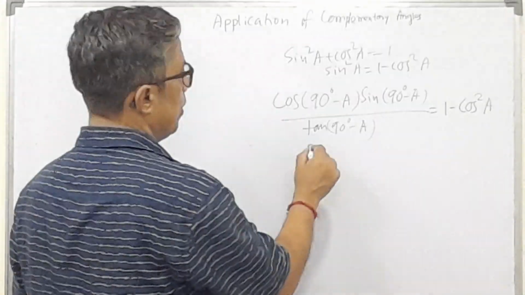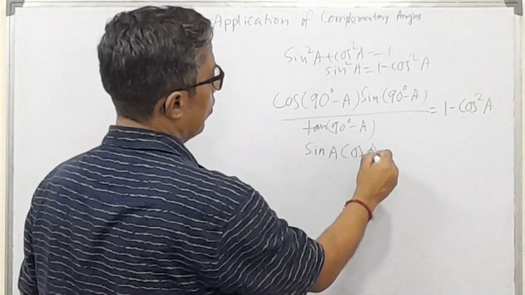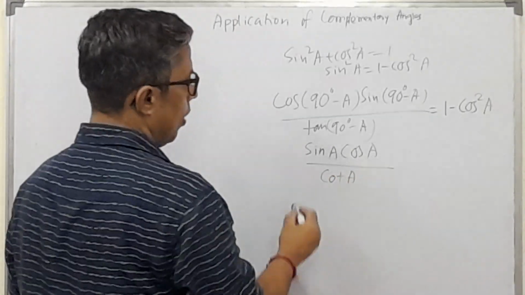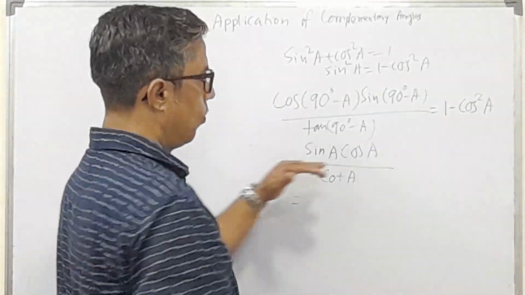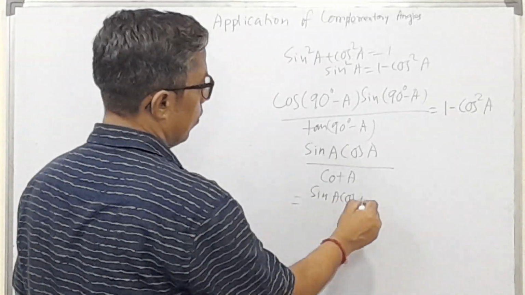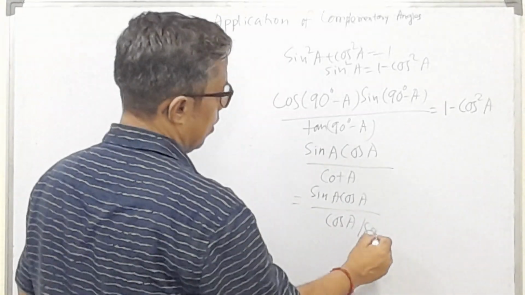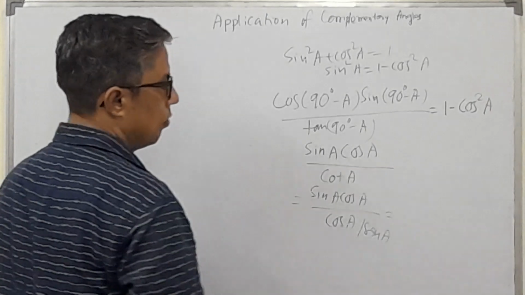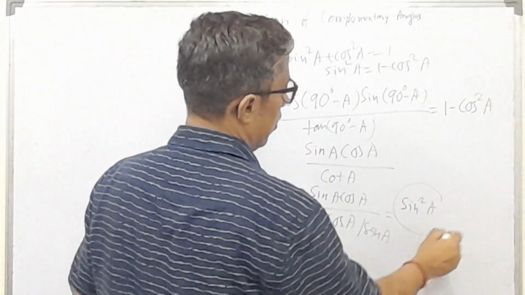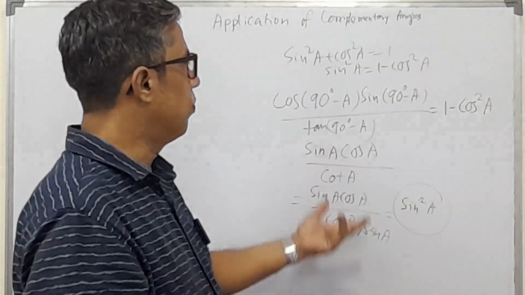Cos of 90 minus A means sin A. Sin of 90 minus A means cos A. Divided by tan of 90 minus A, which means cot A. Now cot A means cos A by sin A. Without a step jump, I will do sin A cos A, and cot A means cos A by sin A. So it's becoming sin square A only, because cos A will cancel. So you prove the thing.